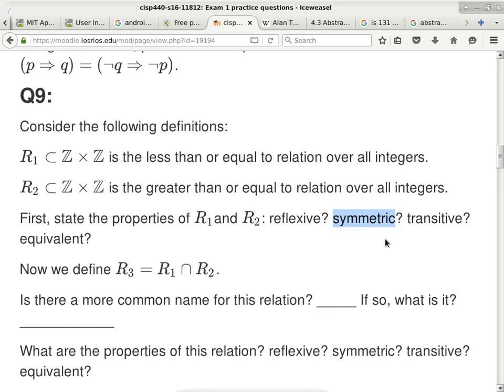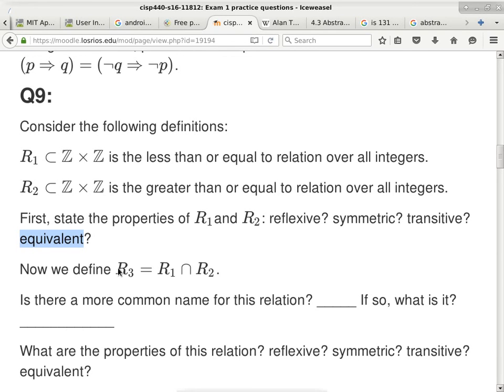A related to B implies B related to A. They're not symmetric. Are they transitive? A related to B and B related to C implies A related to C. They are in fact transitive. But because we missed one requirement of symmetry, they are not equivalence relations. So that applies to R1 and R2.